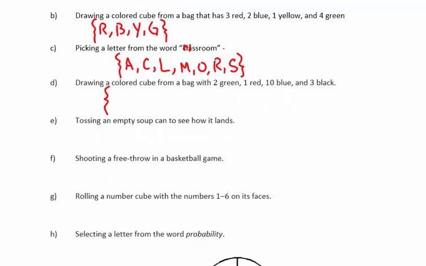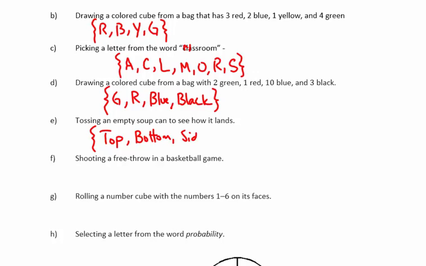So we can get a green one, a red one, blue, and a black. Tossing an empty soup can to see how it lands. It could land on the top of it, the bottom, or it could land on its side.